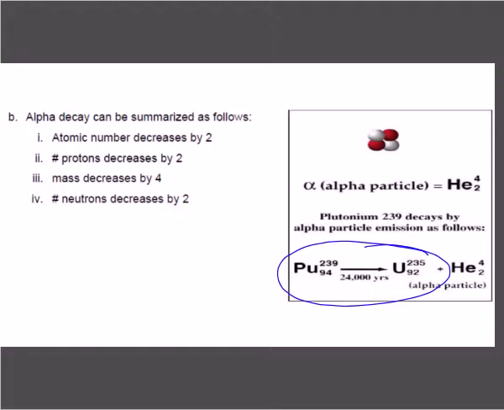It takes about 24,000 years. So it doesn't just happen instantaneously. While it's happening, it's giving off that energy, and that's what we're trying to harness in nuclear power plants. Obviously, there's pros and cons to that, but that's a very brief summary of what's taking place there.